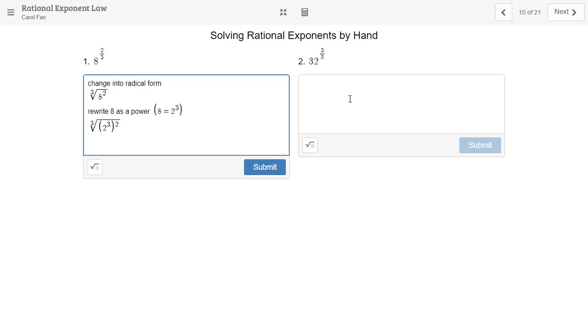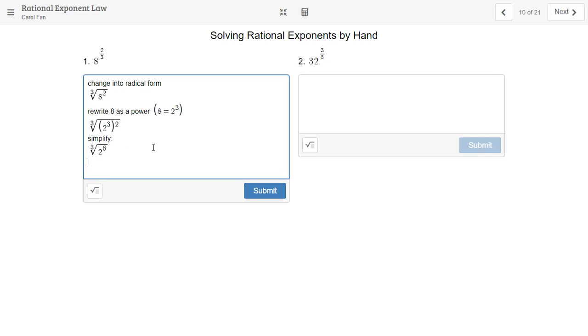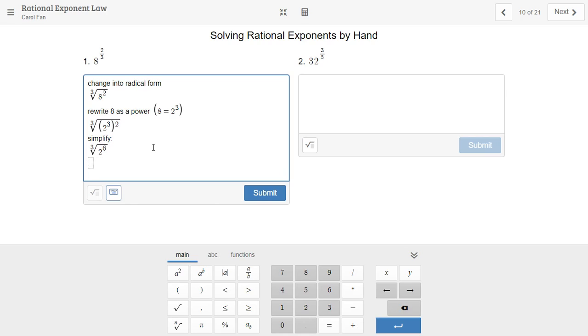I'm going to simplify this. Using my power rule, I have 2 to the power of 6. Let's rewrite this as a power form again and simplify.